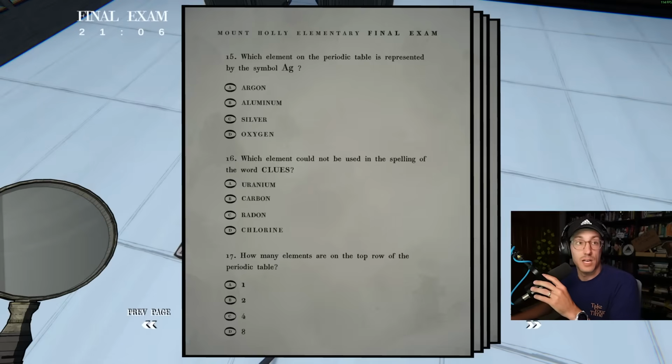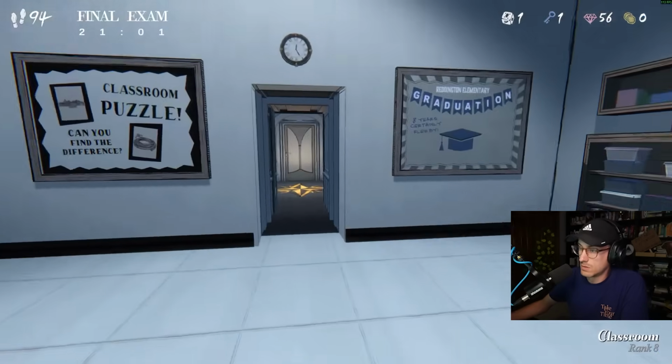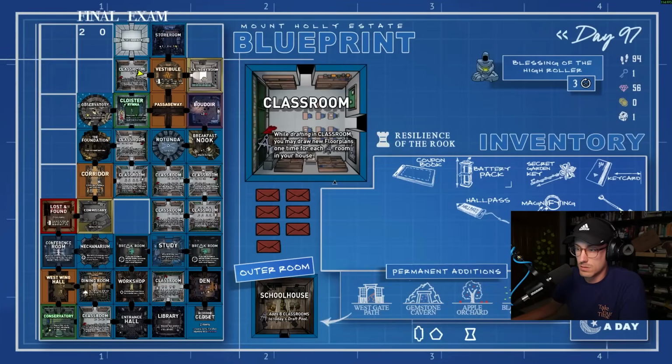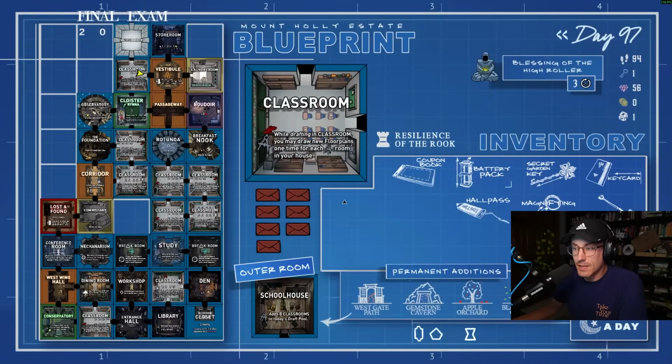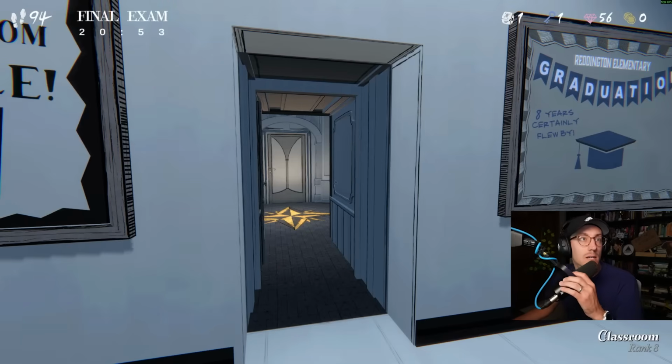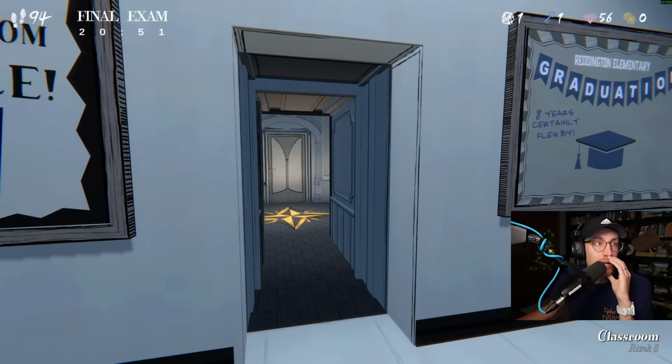How many elements are on the top row of the... God damn it. There's too many. I have to make sure I don't have it in my notes, because if I do, it's going to make this way easier.